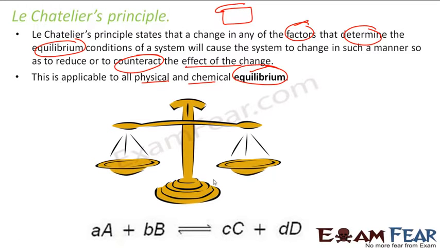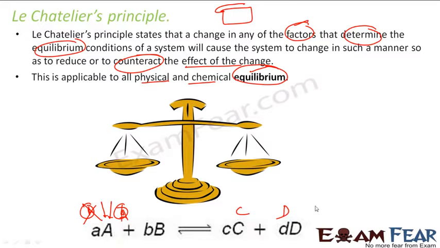For example, you can see this weight balance, right? If in this case you add more products, the product concentration is more, so the reaction will happen and more of A and B will be formed, and C and D will be reduced. The system will somehow be balanced again.